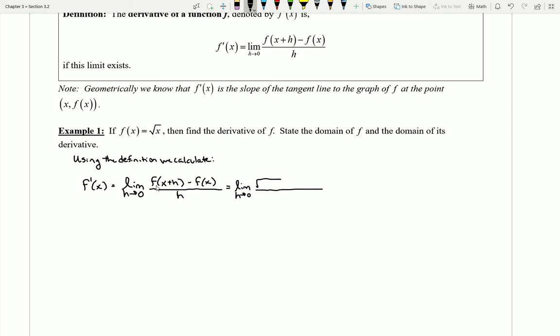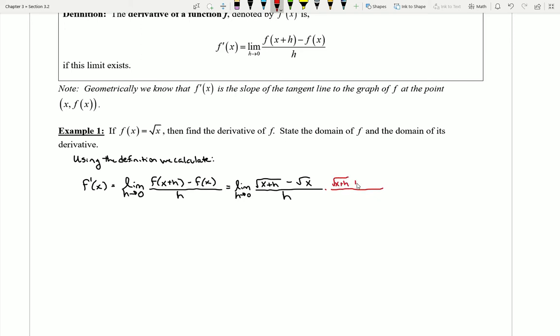Notice if I go to the function f and I plug in x plus h wherever I see an x, I'm going to get something like this. And then if I have minus just f of x itself, I'm going to have just minus that square root of x. Now, a good way to simplify some stuff here, if I happen to have some square roots involved, might be, again, to multiply by a conjugate.